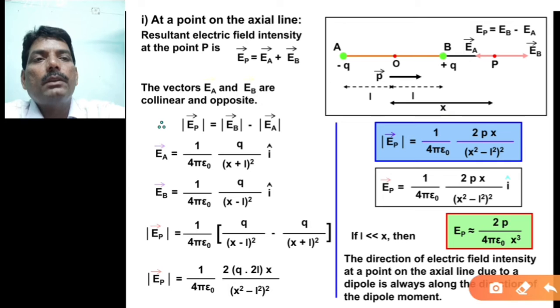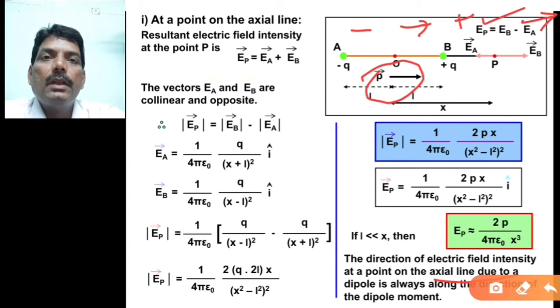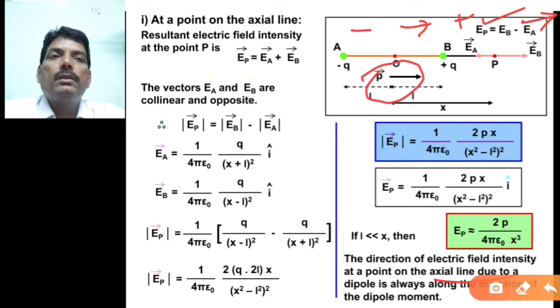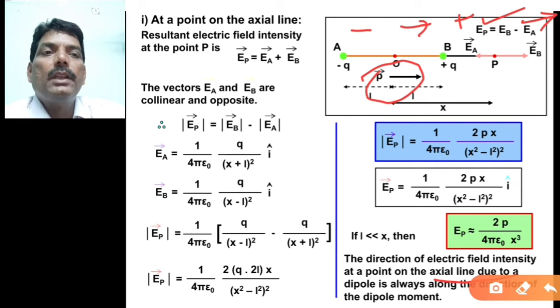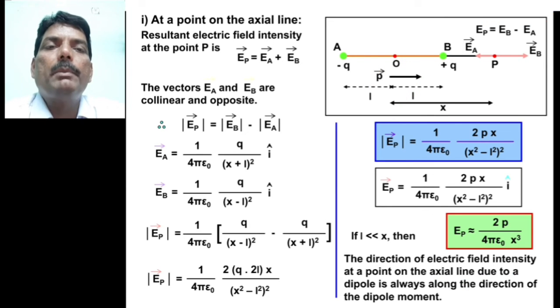Already I have told you, the direction of the dipole moment is from negative to positive, and you are getting the resultant electric field EP whose direction is also towards this side. That means the direction of the electric field intensity at a point on an axial line is always along the direction of the dipole moment.